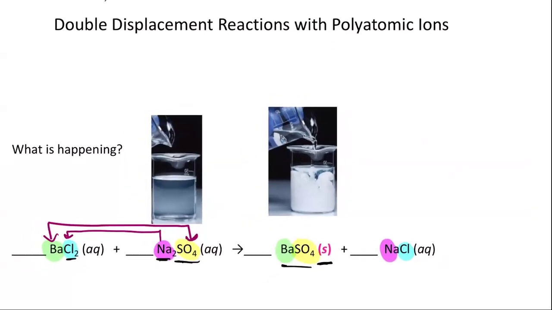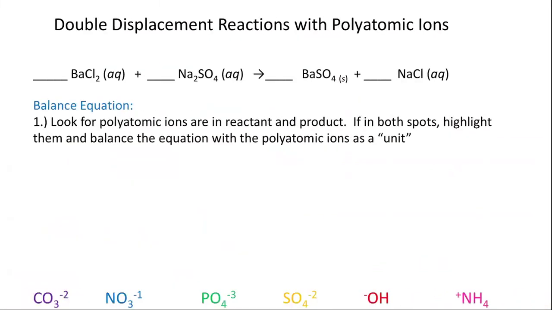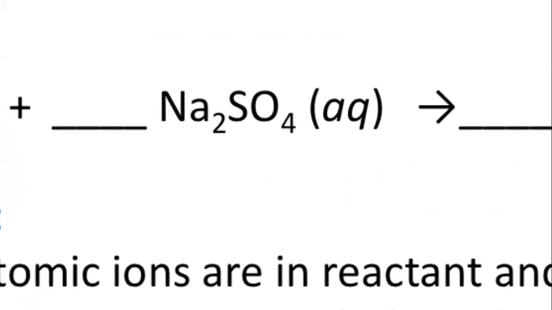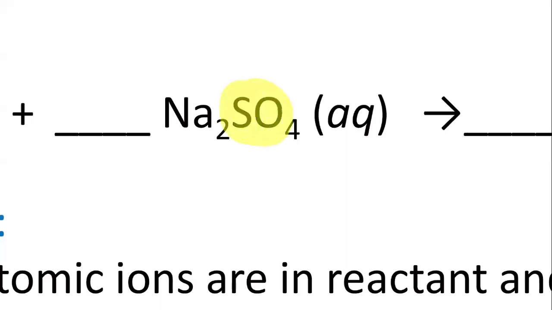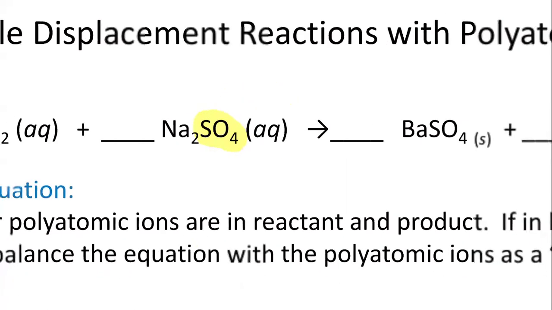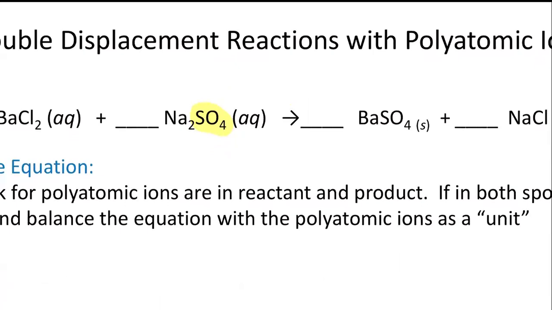Okay, so now we are going to balance the equation. Honestly, these aren't too tricky as long as you first recognize your polyatomic ion. So I look at my polyatomic ion, and I've given you a list down here. Here I have my SO4, here's my SO4, and over here is my SO4.